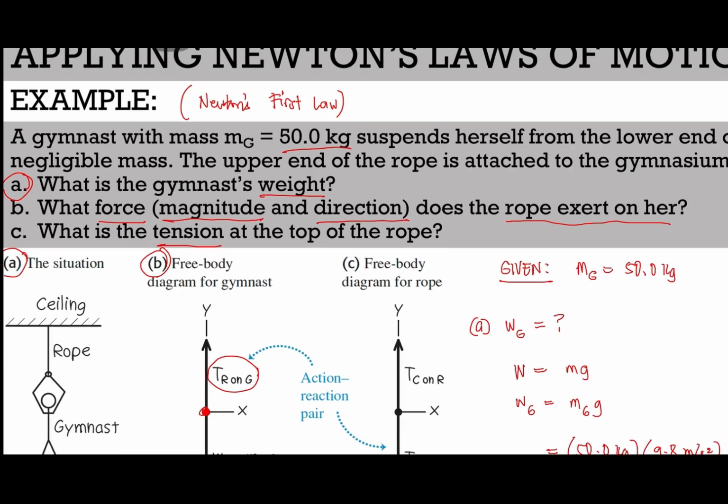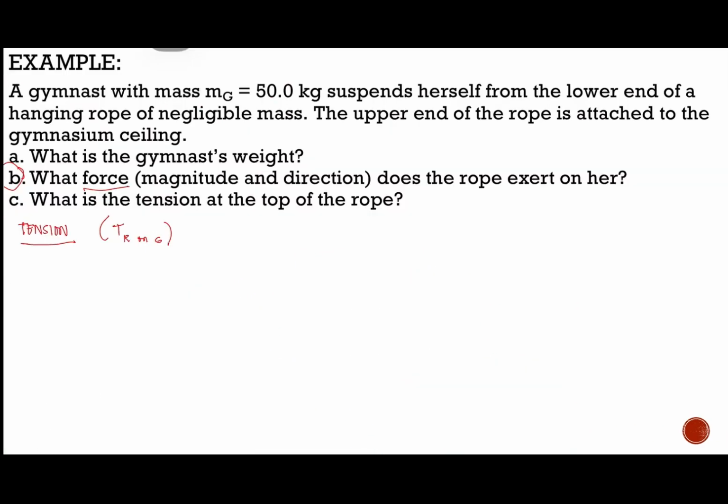So we will redraw that here. We have x and y. The tension force that the rope exerts on the gymnast is along the positive y-axis, and along the negative y-axis is the weight of the gymnast. What we will solve is the tension force that the rope exerts on the gymnast.